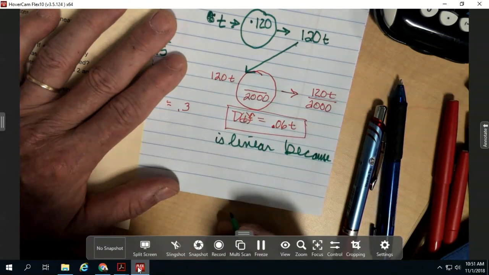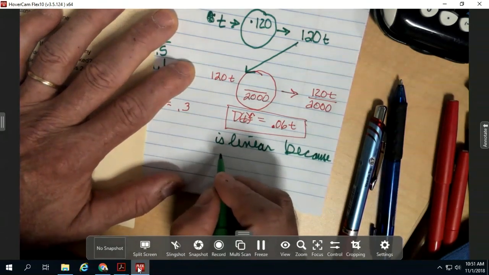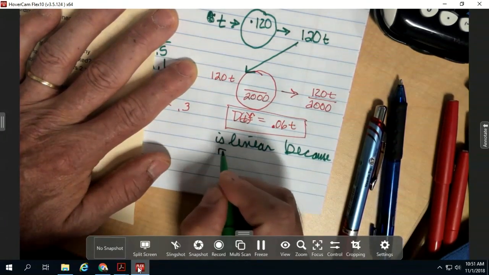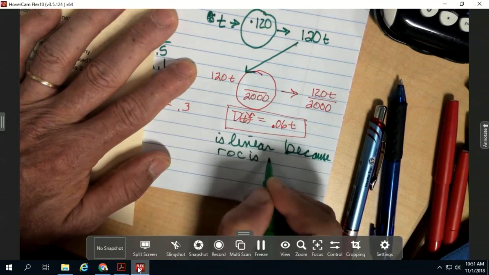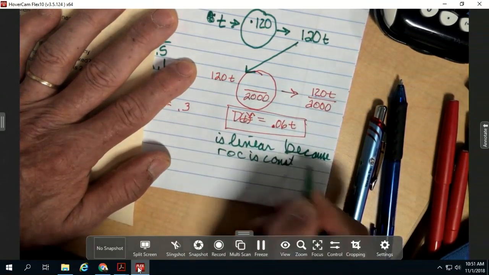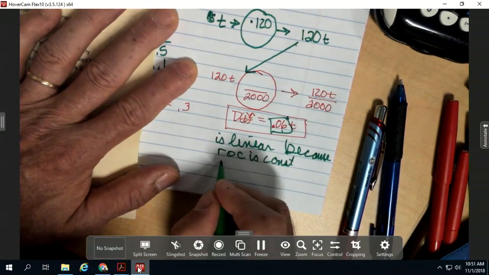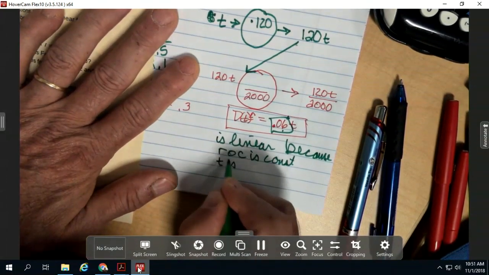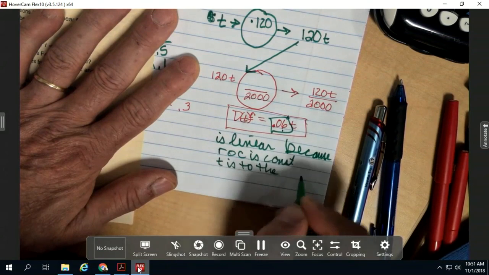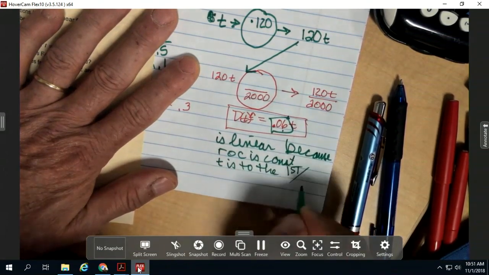Just the rate of change. It is linear because the rate of change is constant. Okay. Rate of change is constant, and that's this part here. But more importantly, time is to the first power.